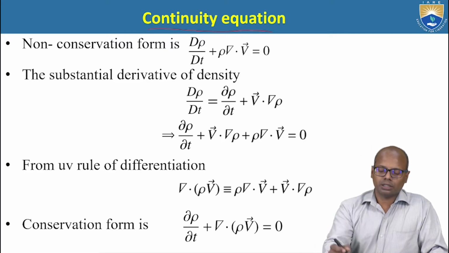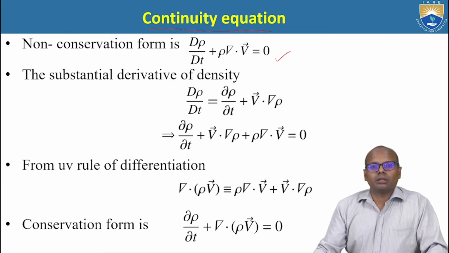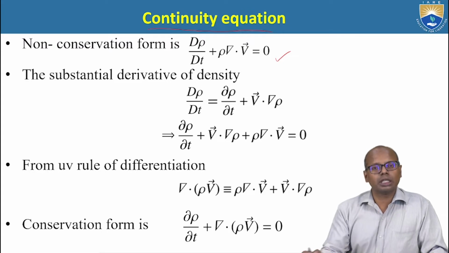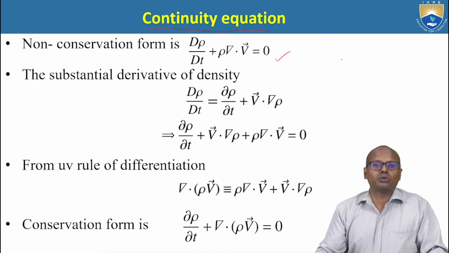Now here the conservative form which we derived from the model of flow. We have 4 models of flow, and the particular model of flow with which we got this derivation is the infinitesimal fluid element moving with the flow.